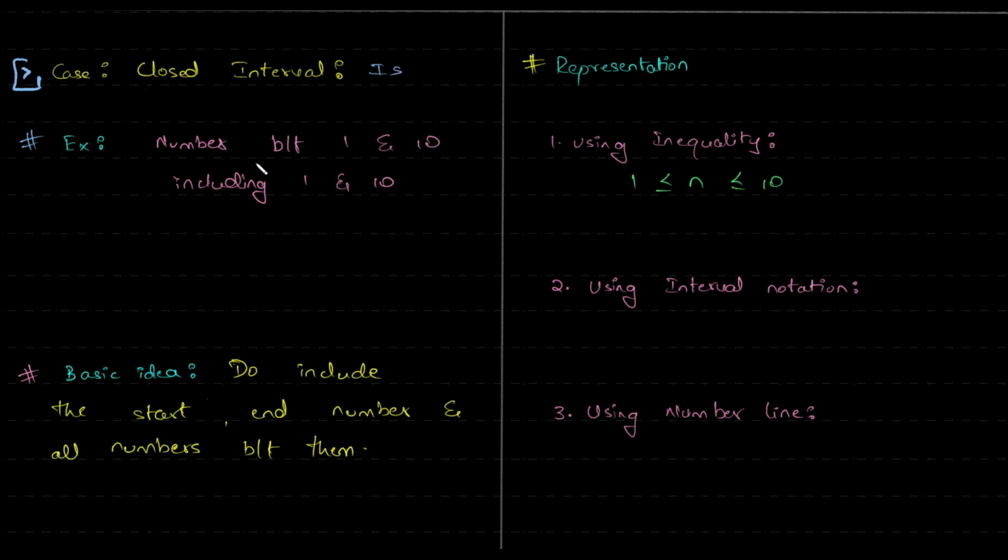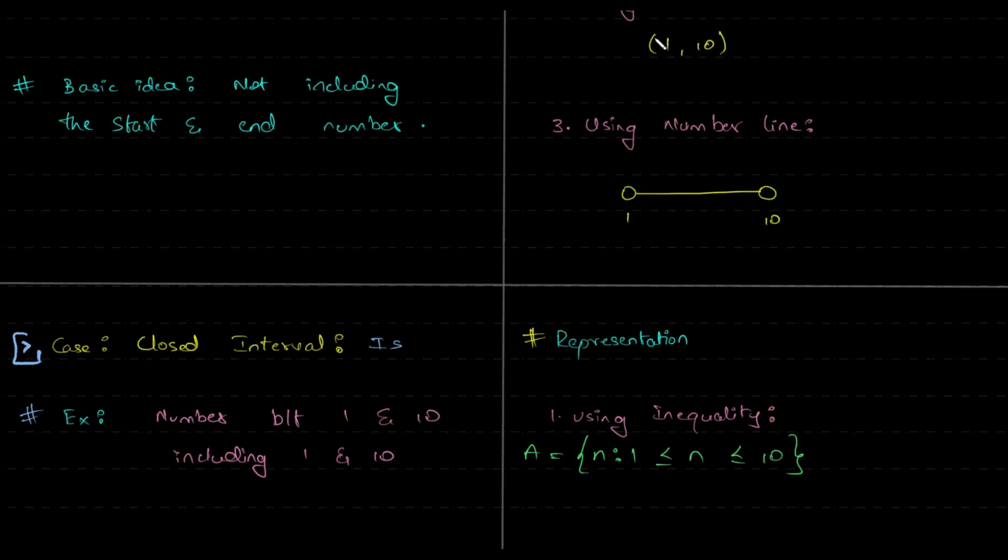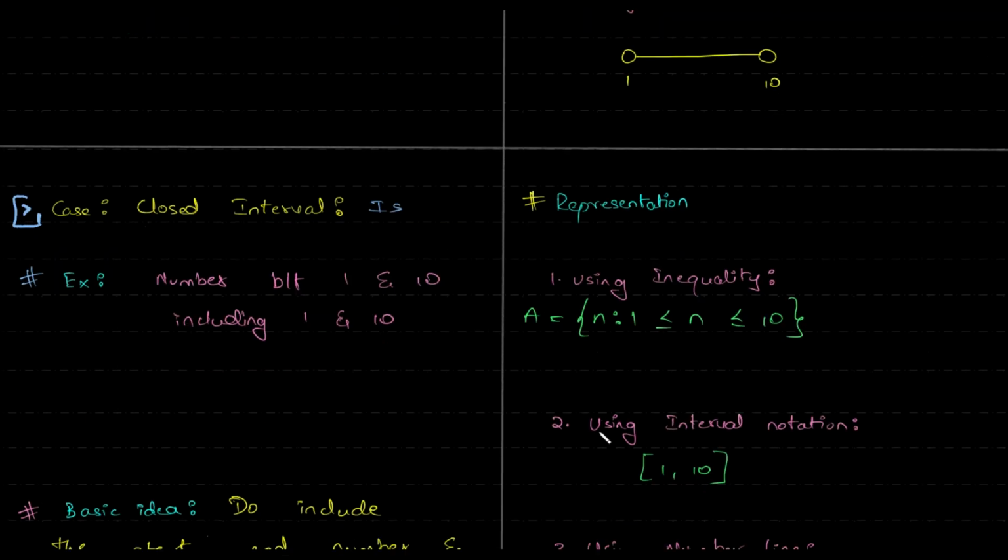Okay, it's that simple. If I have to represent this in set builder form, set A will include numbers between this. We have used all of this, now we are just giving the name. Using interval notation, how do you put it across? We put it across in this manner. There it was small brackets, here it is square brackets.